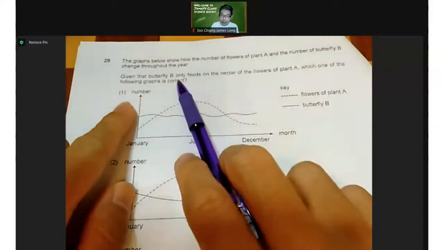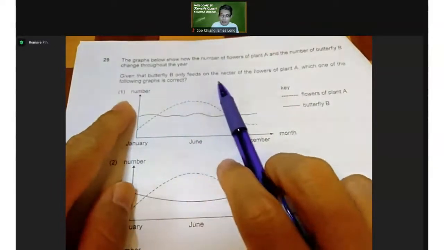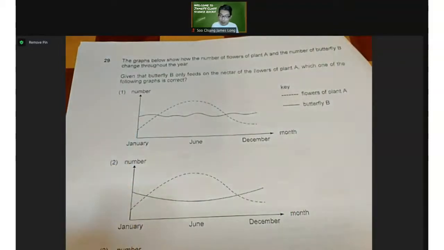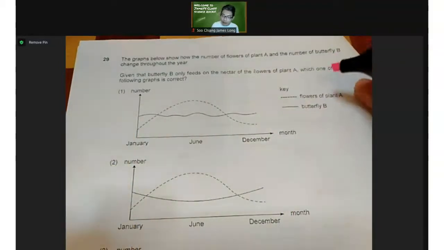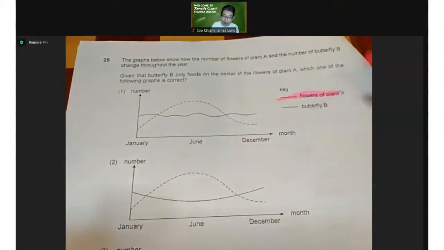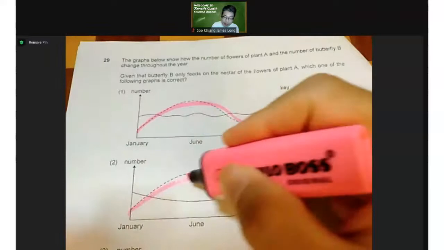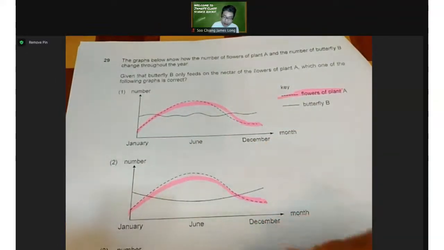So these are the two lines. I'm going to use a pink line to represent the flower line. So all this dotted line will be the flower line. This helps me to see things with greater clarity.